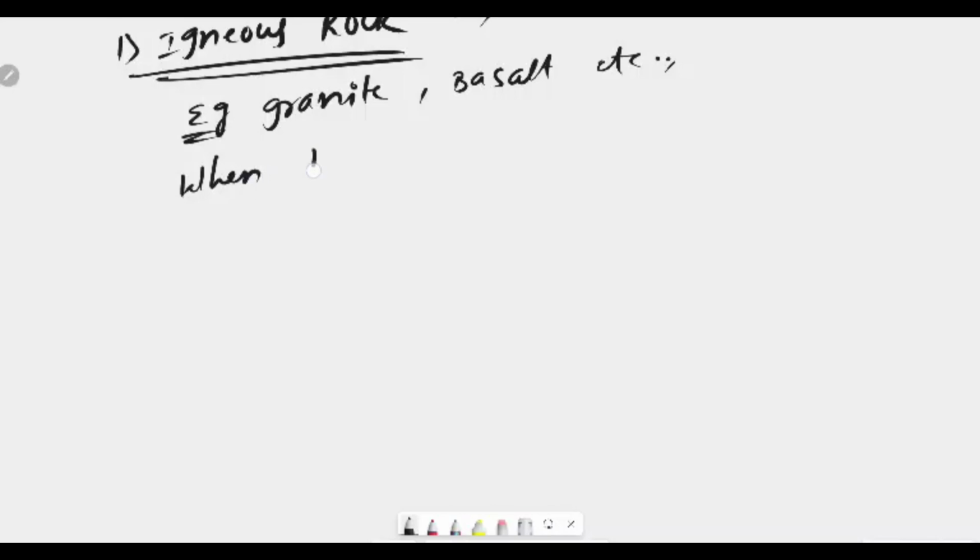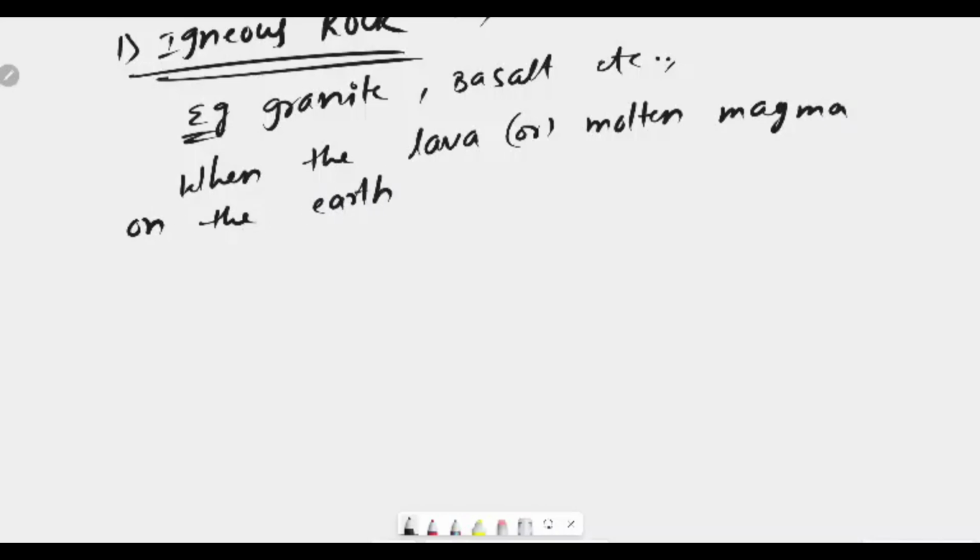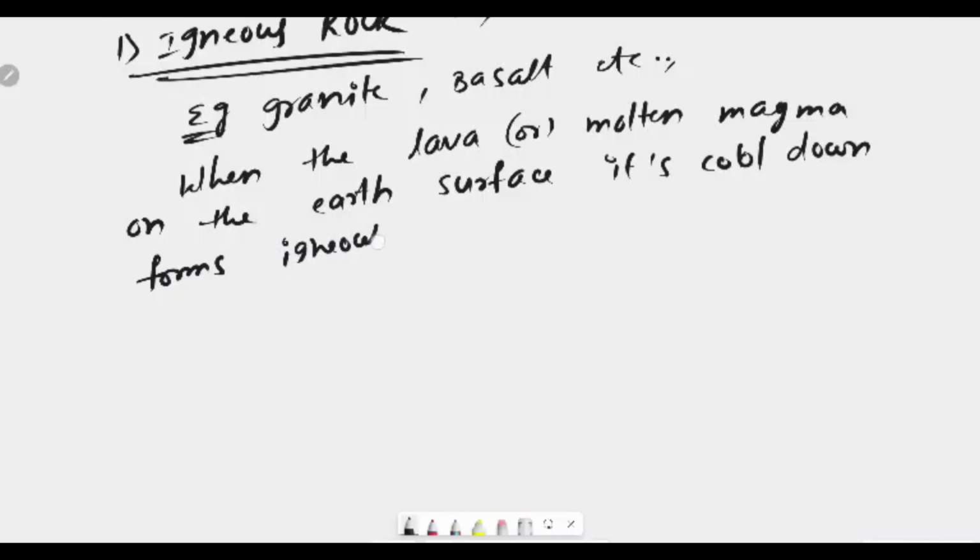What is igneous rock? When the lava or molten magma on the earth's surface is cooled down, it forms igneous rock.